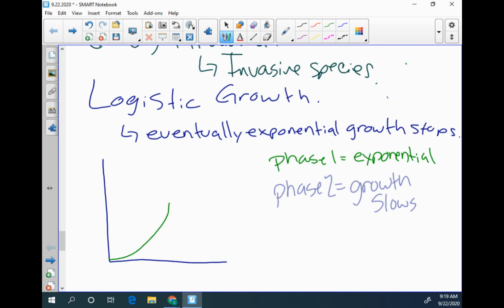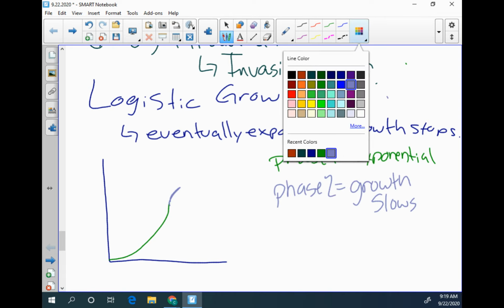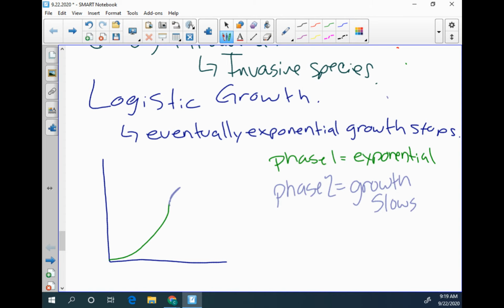So we start getting that little bend where the slope kind of flattens out a little bit. And then we have phase 3, where growth stops. Now, just because growth stops doesn't mean that the population is going to die out. It just means that the population is not going to get any bigger or get any smaller.